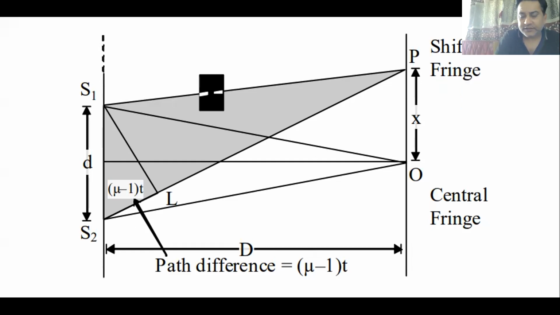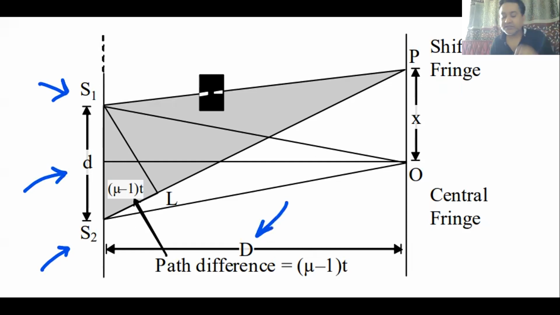Okay, now see, what do you see in this diagram? The original experiment, you have slit S1, you have slit S2. Nothing changes here. The distance between the two slits is small d. Capital D is the distance between the slit and the screen.